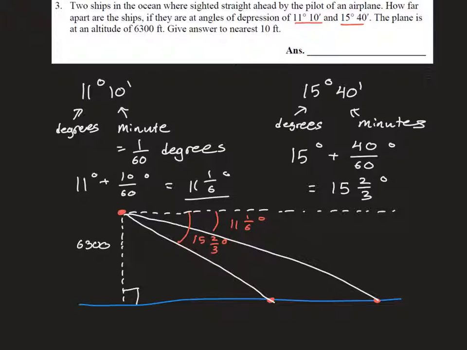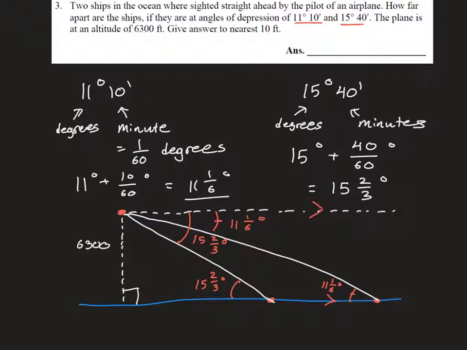And also, since these two lines here are parallel, because we're assuming the ocean's kind of flat, this is also 15 and 2/3 degrees. And this one, since this is 11 and 1/6 degrees, this is also 11 and 1/6 degrees.